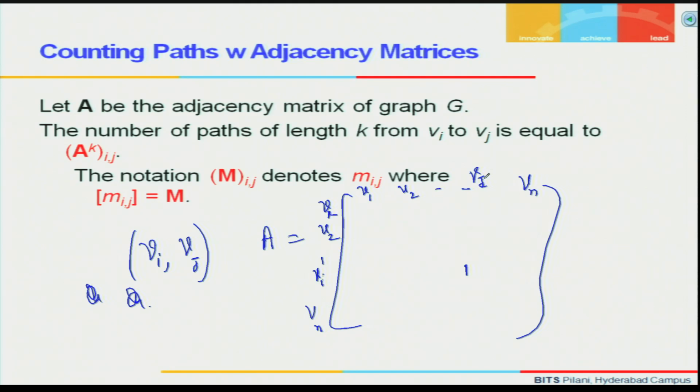If there is an edge called V1 V2, I am going to put 1 here. If there is no edge from Vn to V1, I am going to put 0 over here. That is how the adjacency matrix will be formulated.